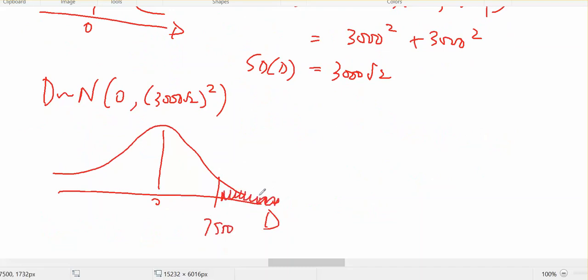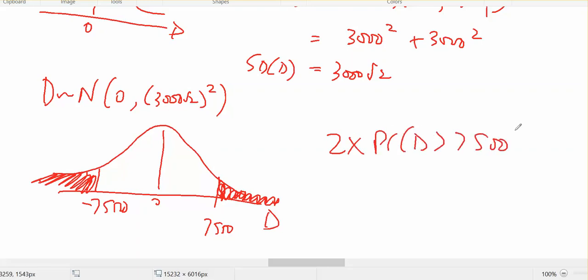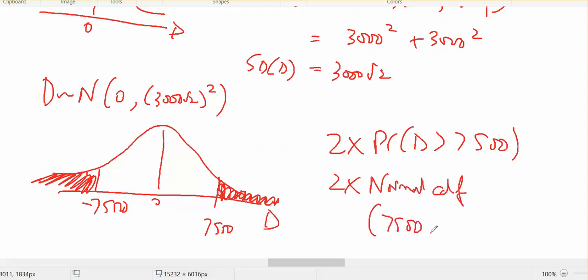That is, the difference is bigger than 7500, or I'm interested in minus 7500 below. Therefore, it's 2 times the probability that D is bigger than 7500, which is 2 times normal CDF, 7500 to infinity, where the mean is 0 and the standard deviation is 3,000 root 2.